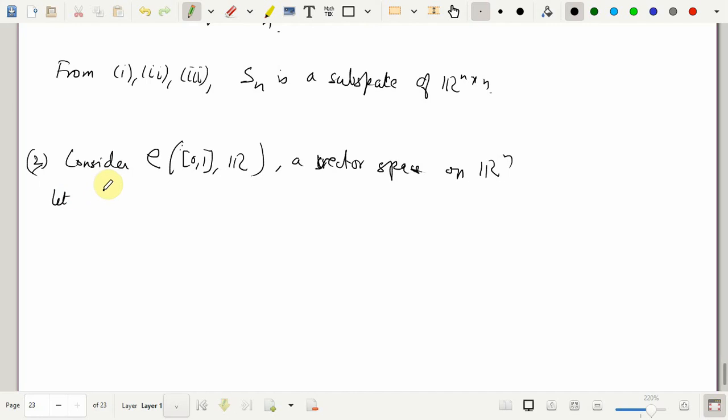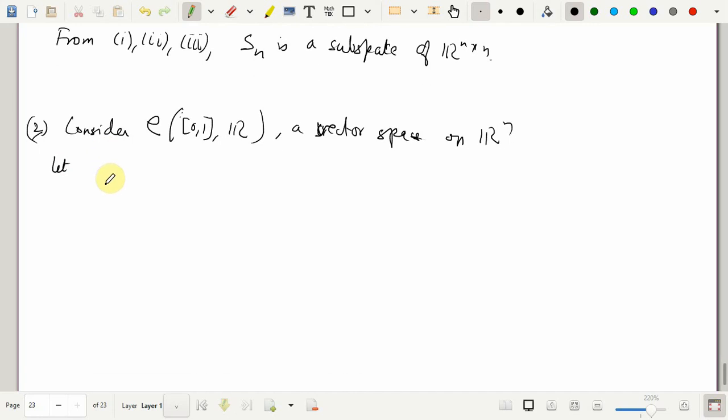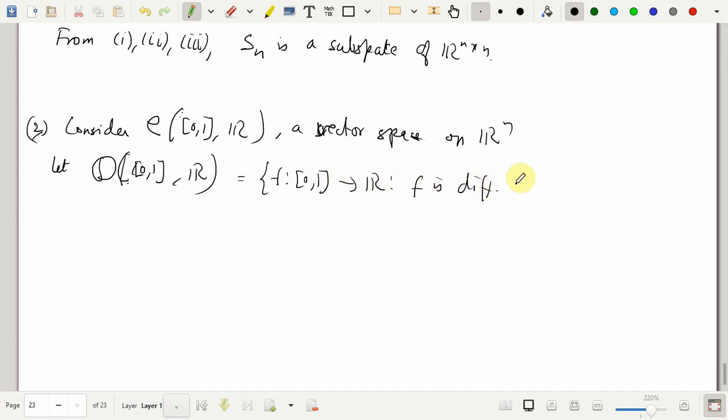Let me collect now all the functions which are defined on the same domain and they are differentiable. Okay, so we use the notation D from 0, 1 to R. So this is the set of all functions f from 0, 1 to R with the property that f is differentiable.